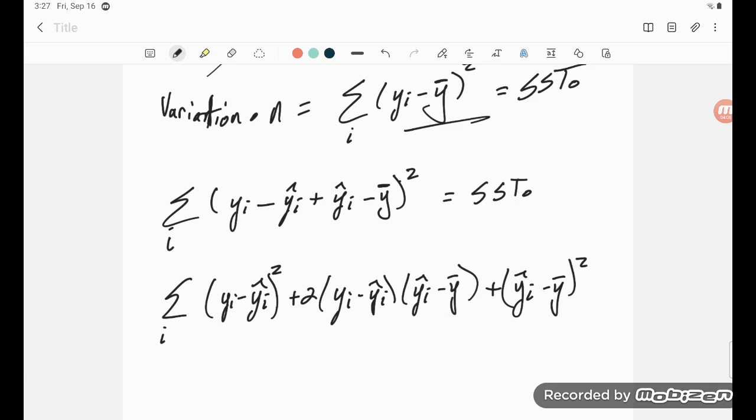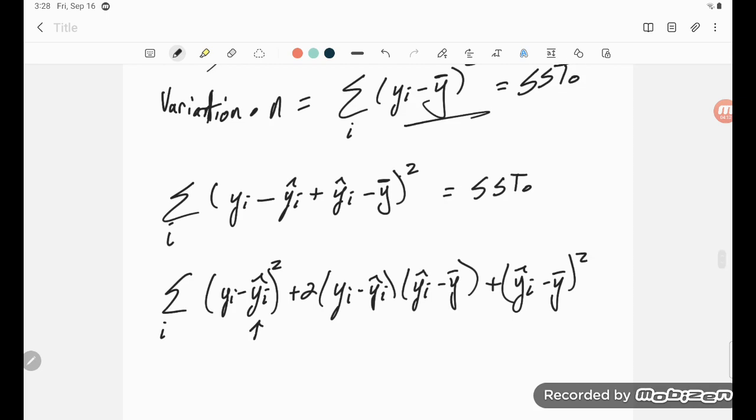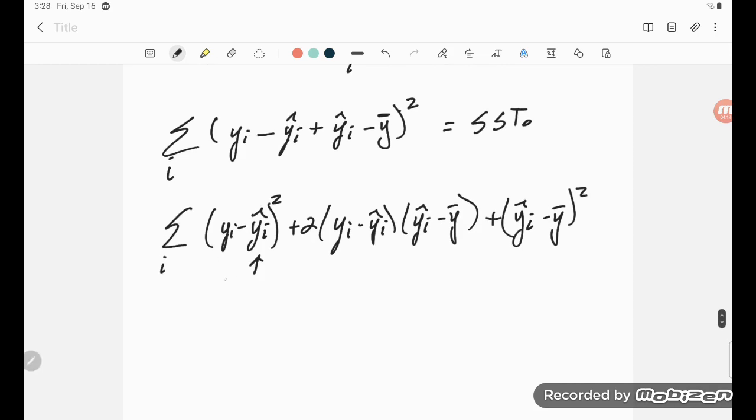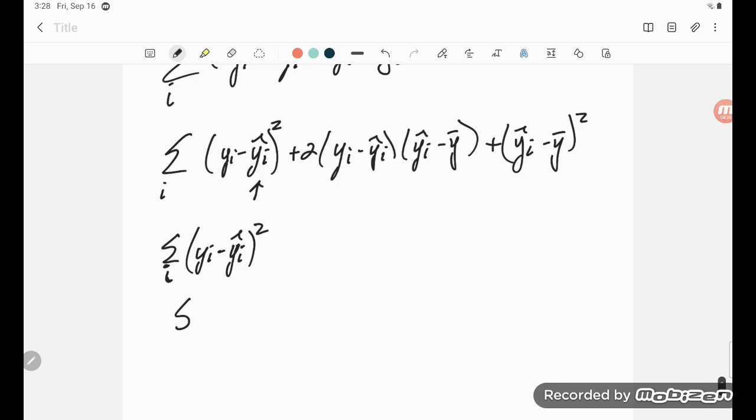Now, here is our predicted value, our f of xi. And so what we have here is the sum over i of the yi minus yi hat squared. And this we call our sum of squares residual.